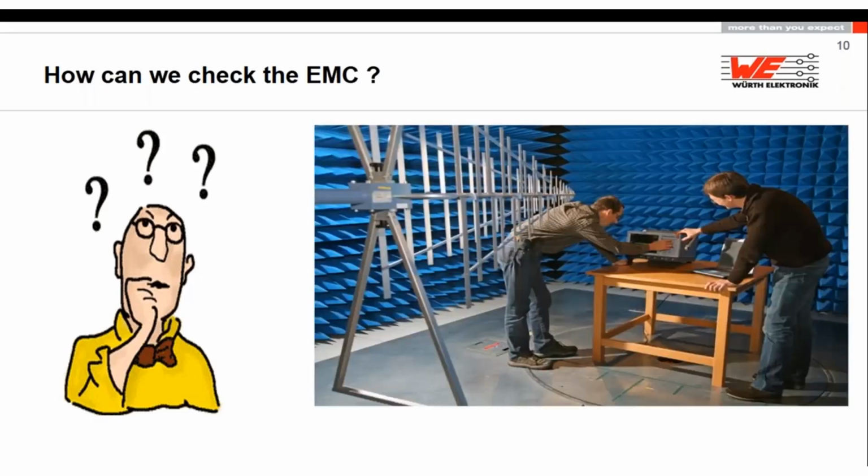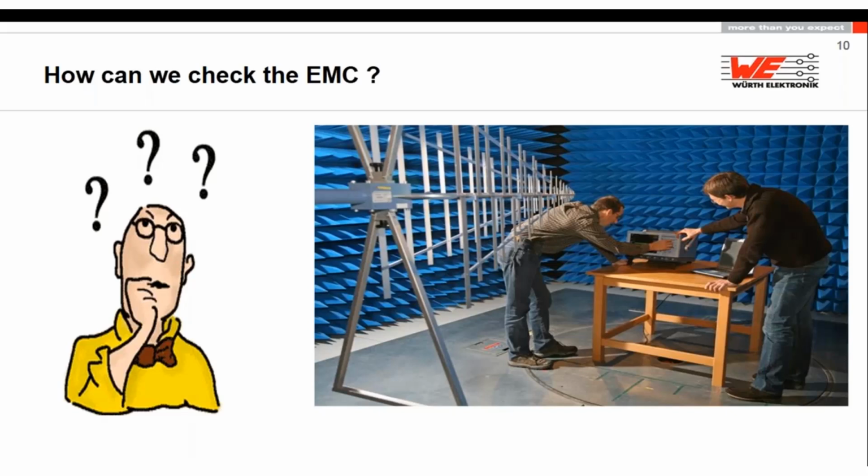But much better is, of course, if you have money for investment and you can investigate when you are set up for, I would say, pre-compliant measurement, like an anechoic chamber, EMI receiver, some antennas. The problem is that it's very expensive. An anechoic chamber is 200,000 euro, not everybody can have this budget.